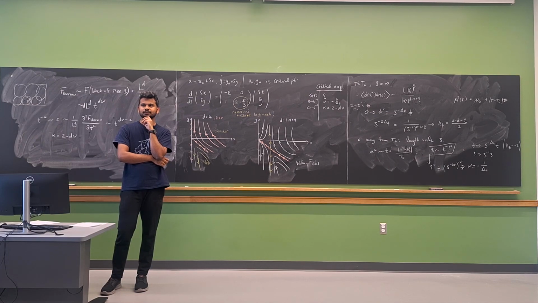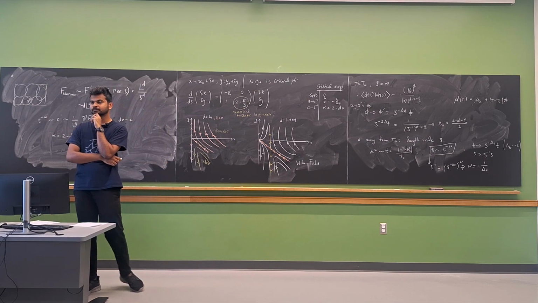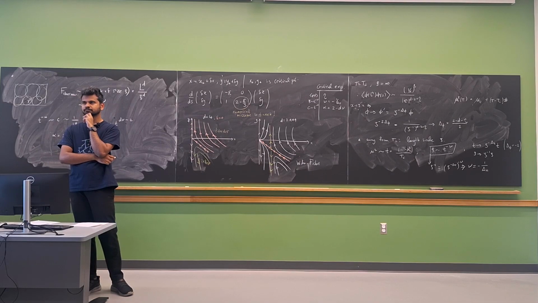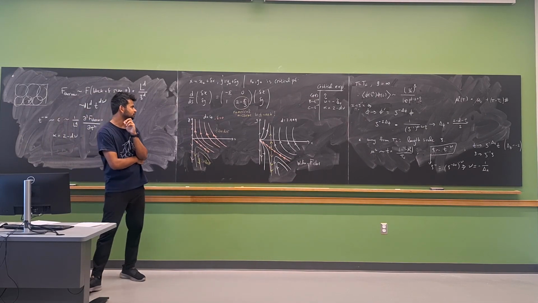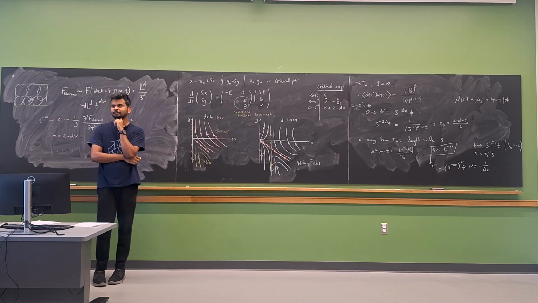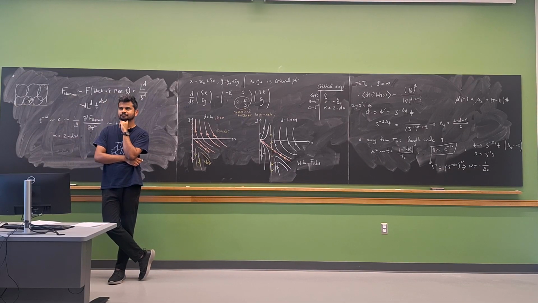Yeah. To derive the flow, we need to assume that zeta is 1 plus s, so that s is going to be small. Right? But then we are extrapolating.